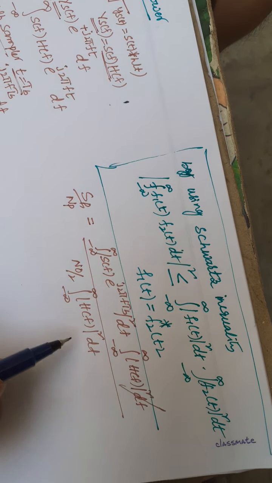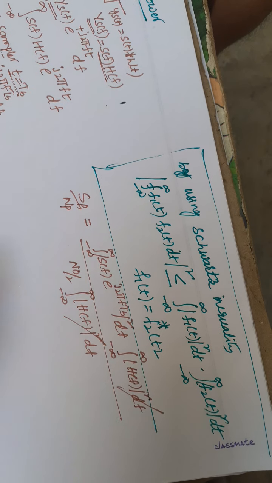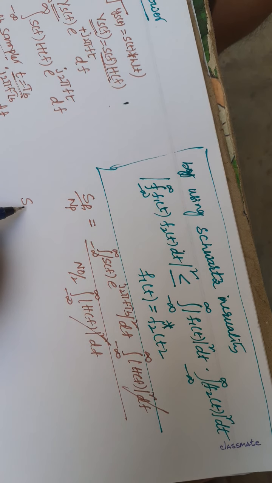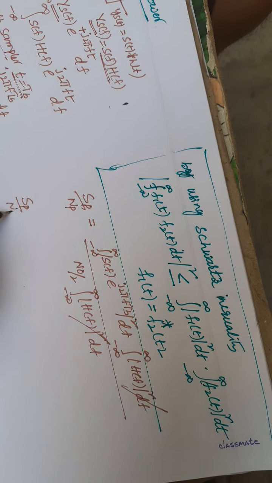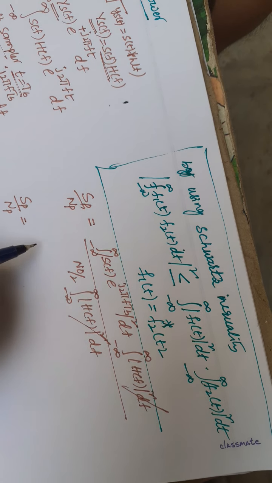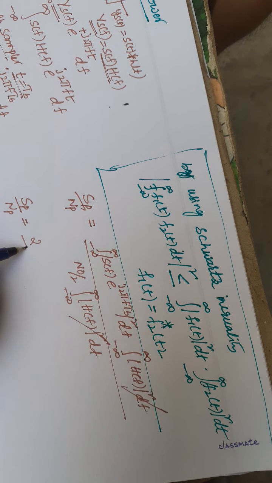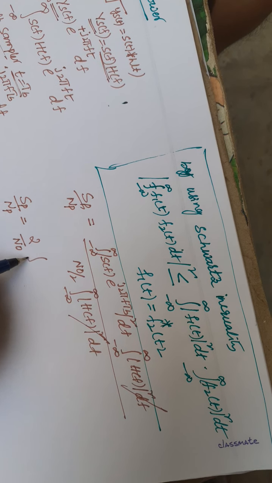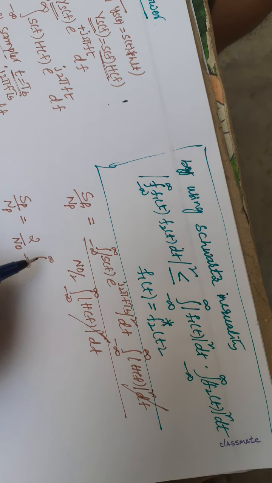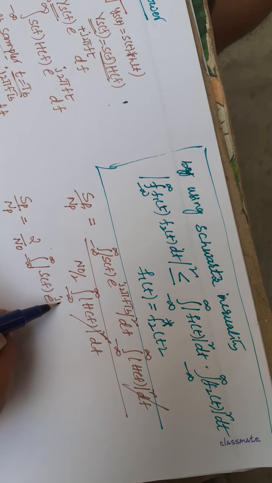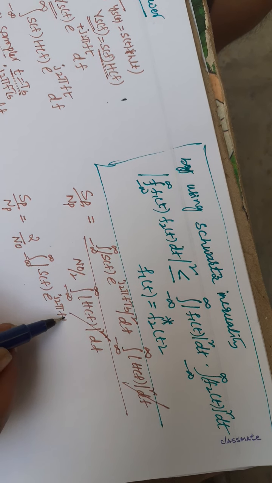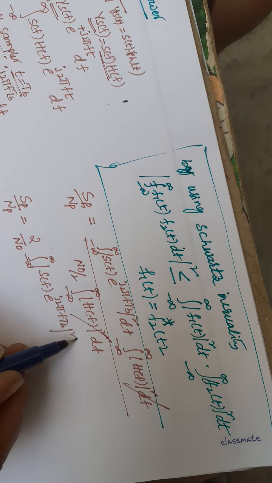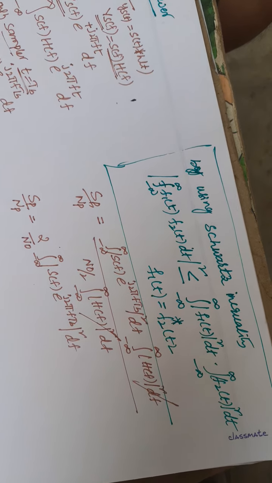This component and this component will be cancelled. Therefore, signal power by noise power is equal to 2 by N0 times the integral from minus infinity to infinity of modulus S(f) e^(j2πfTb) whole square df, right?